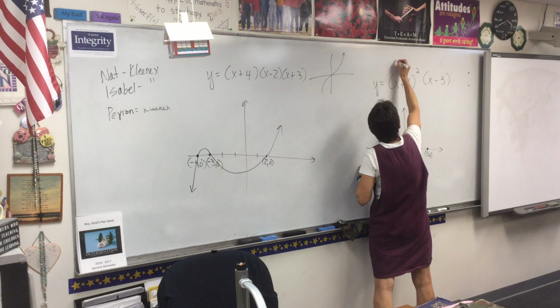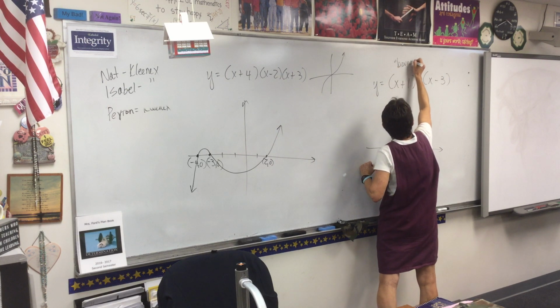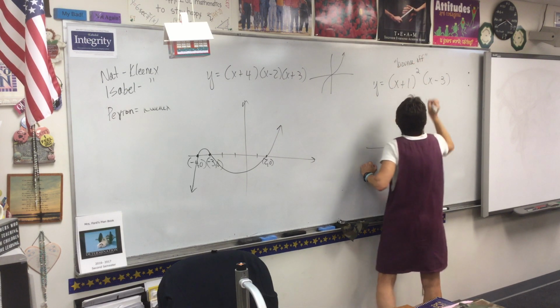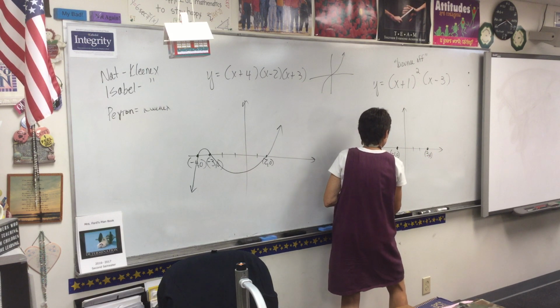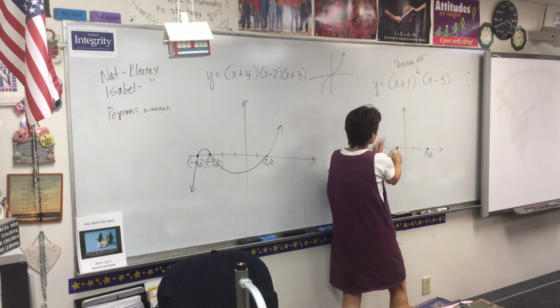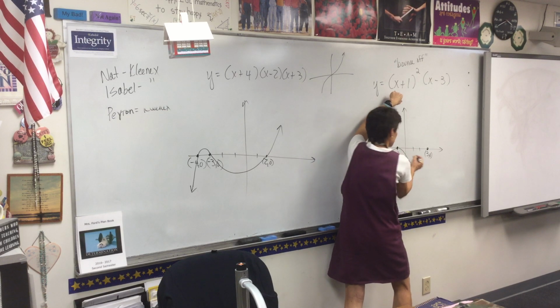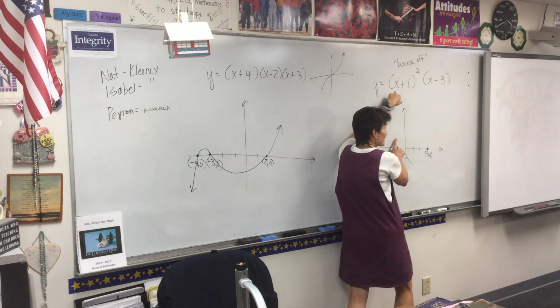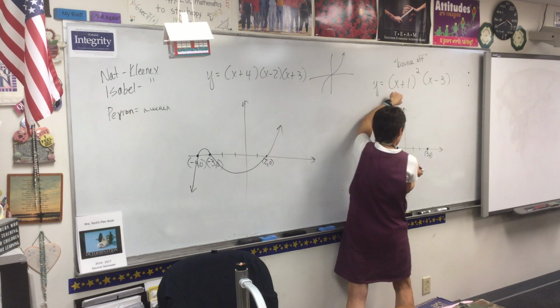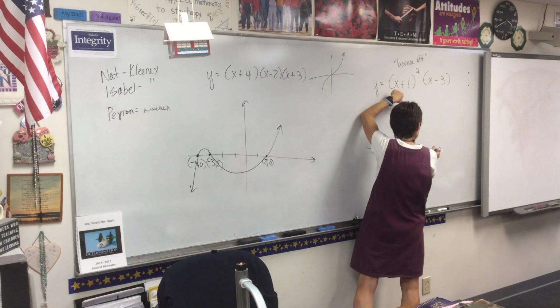So this is what we call a bounce-off zero. In other words, we still start down, but when we get to that point, because it's a squared zero, it bounces off. It doesn't cross through. It makes like a little parabola there. Then it comes down and connects to this one.